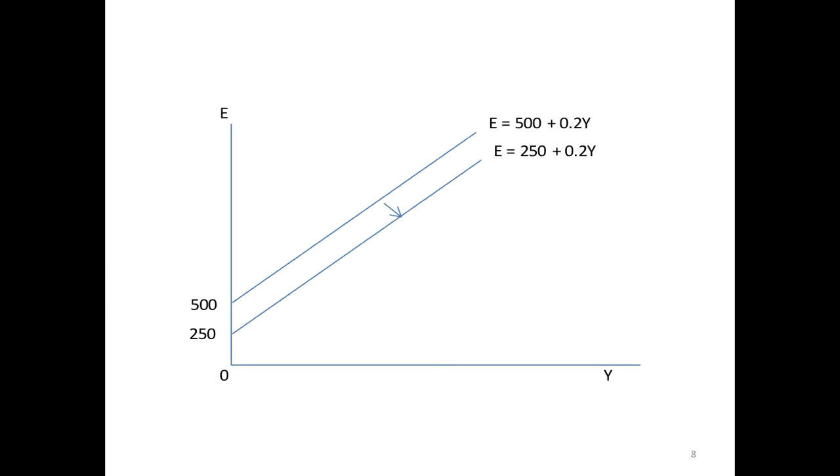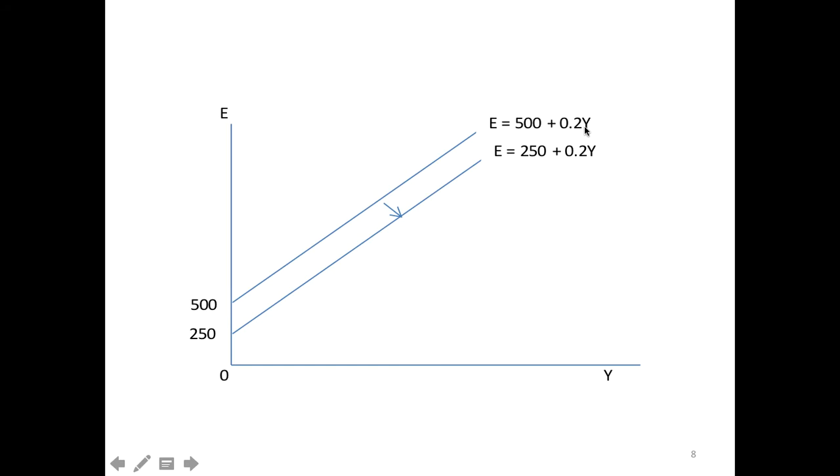The next question is asking you, assume that the fixed amount of healthcare spending decreases to 250. Initially, we had a $500 fixed amount plus 0.2y. So it means that your healthcare expenditure is equal to $500 no matter how much your income is, plus 0.2 multiplied by the amount of your income.